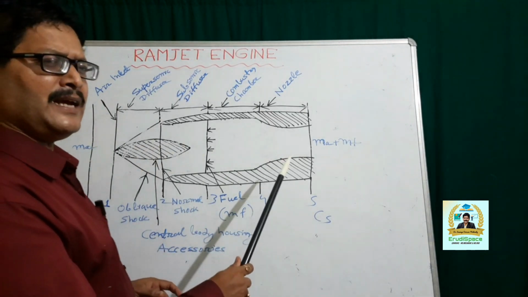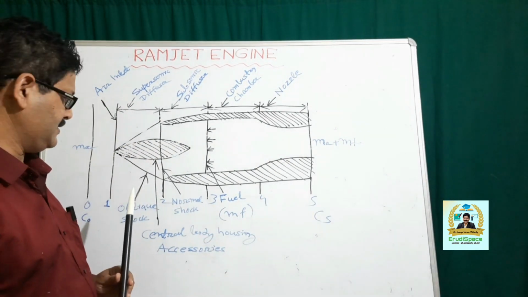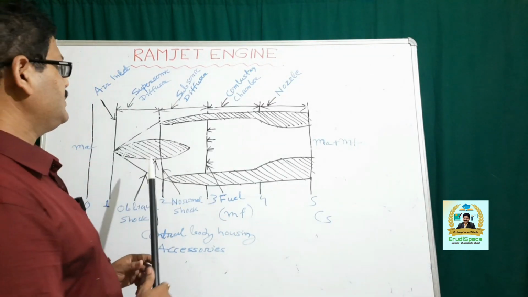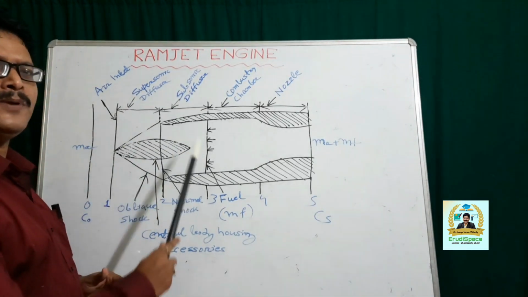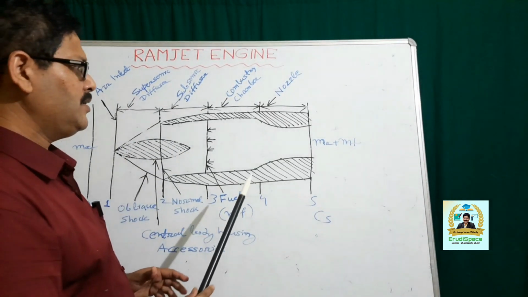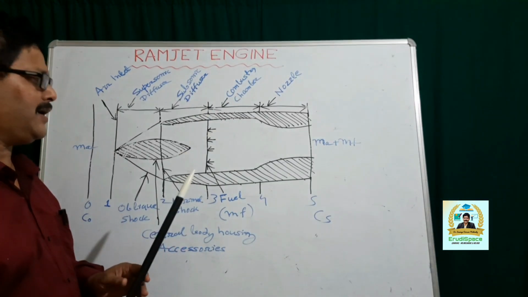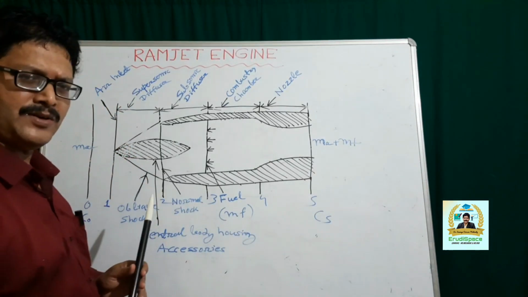The ramjet engine has certain advantages as well as disadvantages. So one of the major advantages for which the ramjet engine finds some application is that it doesn't have a compressor. So no portion of the power is utilized to run the compressor.